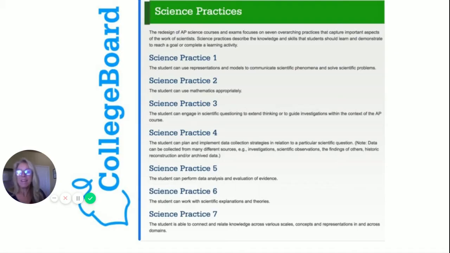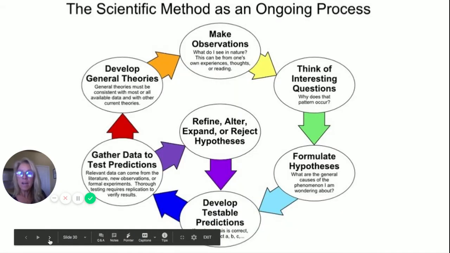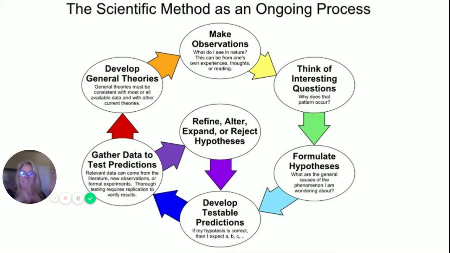All right? Okay, so moving on. The scientific method as an ongoing process, you can see what we just talked about right here in this diagram, right? Start with making your observations, thinking of some interesting questions, formulate a hypothesis, have some predictions, if then because, if I do this, then this will happen. And then you gather your data. And once you have your data, you are not done, right?